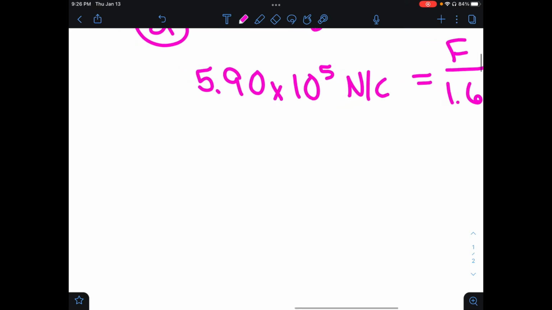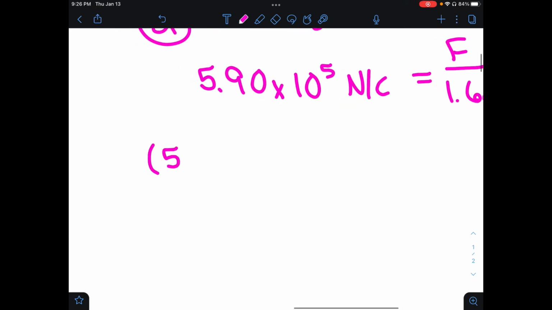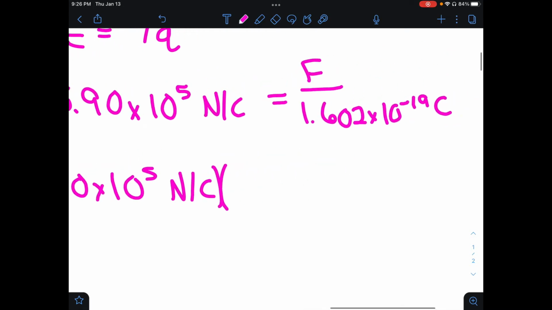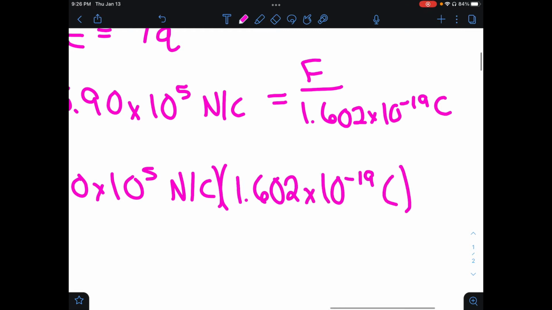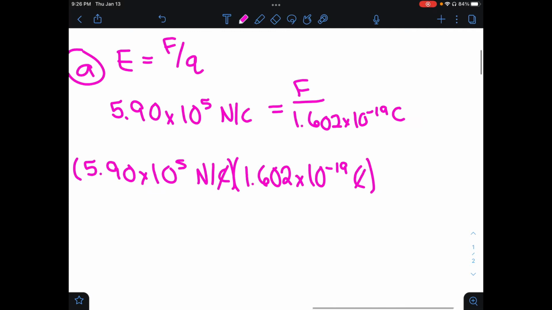So then F would be equal to, I'm actually just going to do this real quick. I'm not going to multiply anything out, or simplify, I should say, times this 1.602 times 10 to the negative 19 coulombs. And again, this unit will cancel out, so I'm left with force.